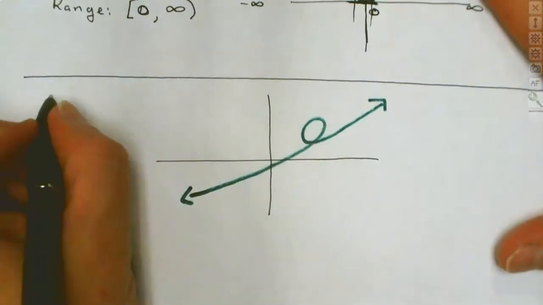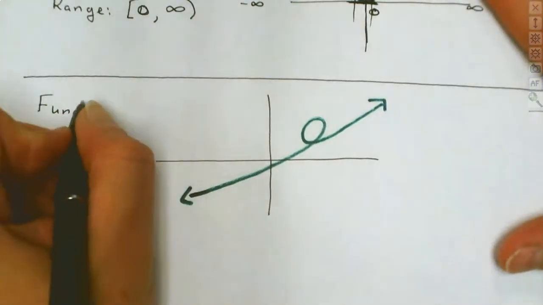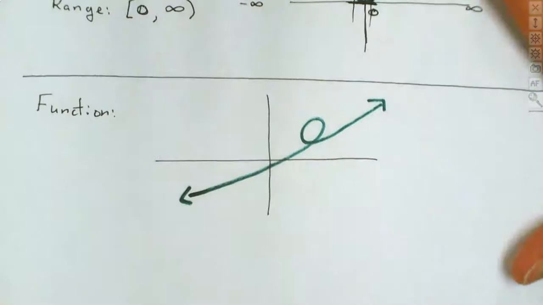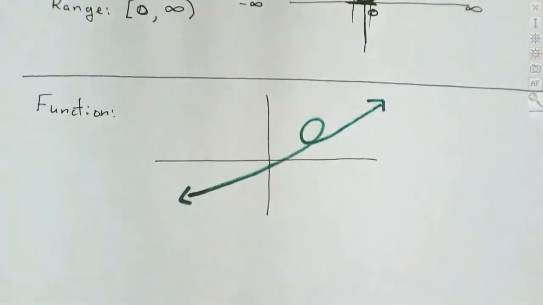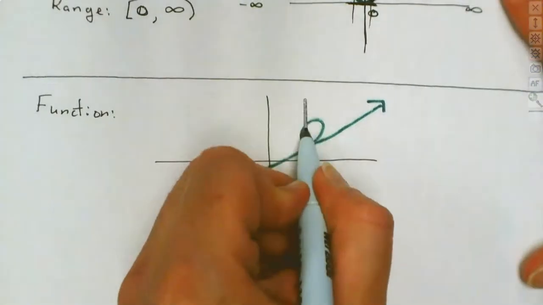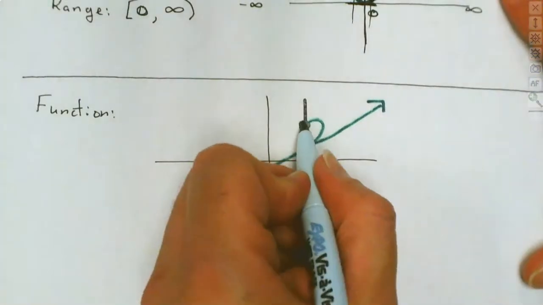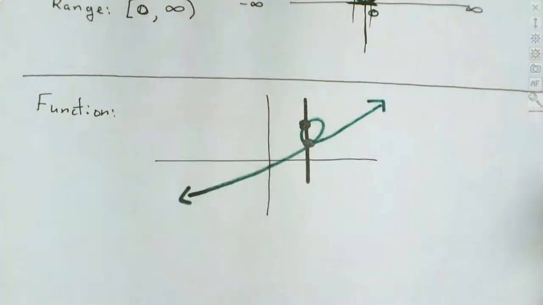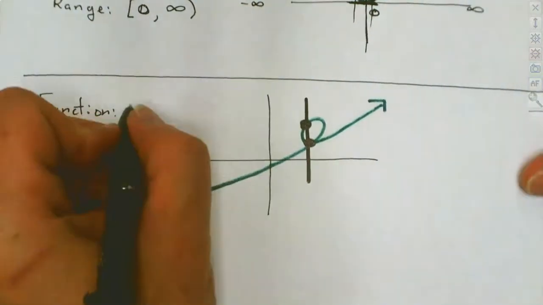Yes or no? Do you think this is a function? Yes or no? Someone said no. Why would it not be a function? Because if I draw a vertical line here, look at what happens. That vertical line touches twice, so more than once. If it overlaps itself, that means it's not a function.